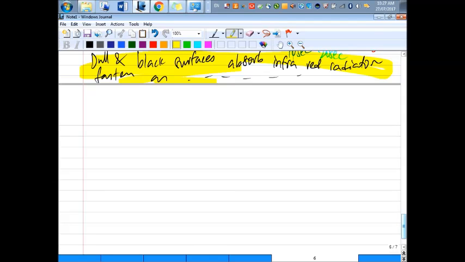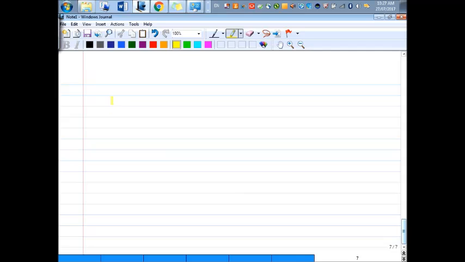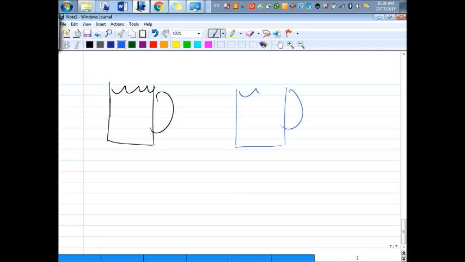Okay? So context is very important. We only talk about absorption only, or we talk about emission only. For example, if I talk about having a drink, I have a mug of hot Milo over here, and then I have another mug of hot Milo. Then this is shiny, and this is black.